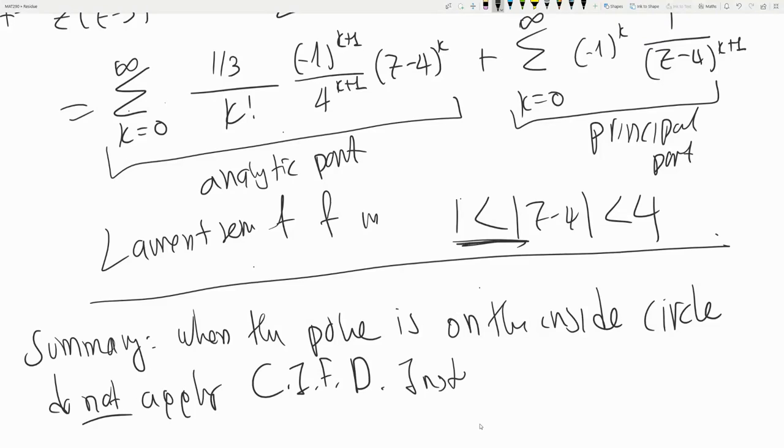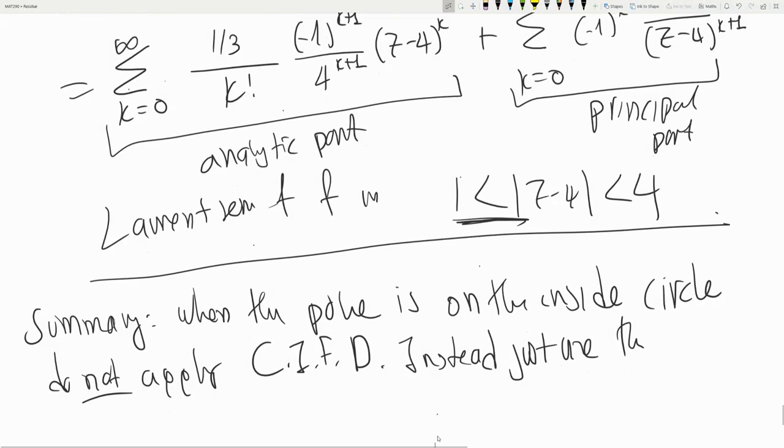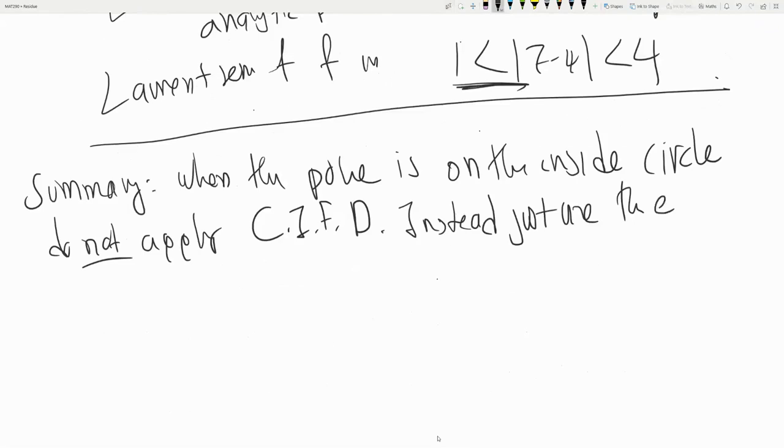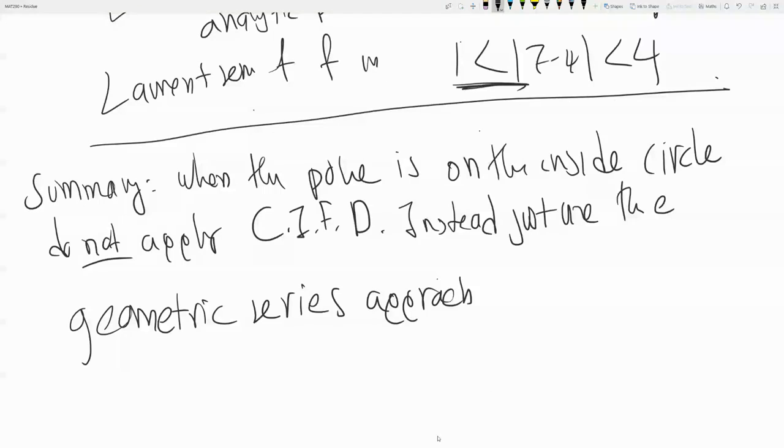Instead, just use the geometric series approach. Okay, thank you.